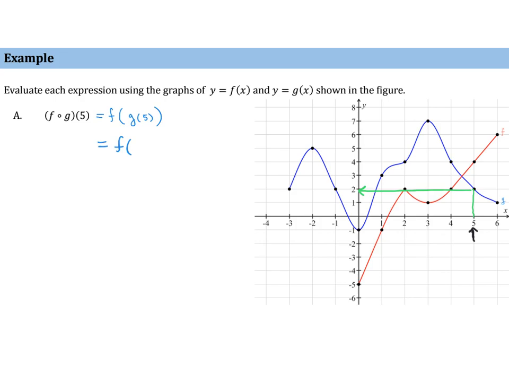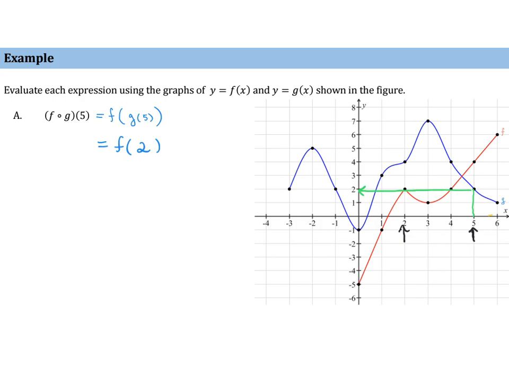So we're going to find now f of 2. And that means that we're going to now look on our x-axis for 2. And we're going to substitute that in. And this time we're going to go to our function for f.